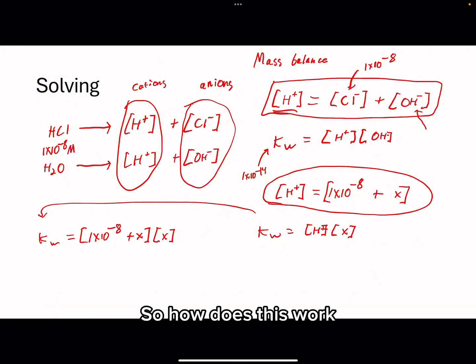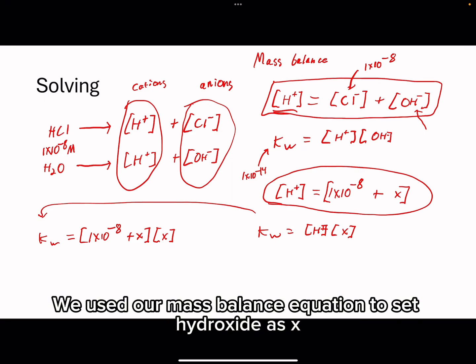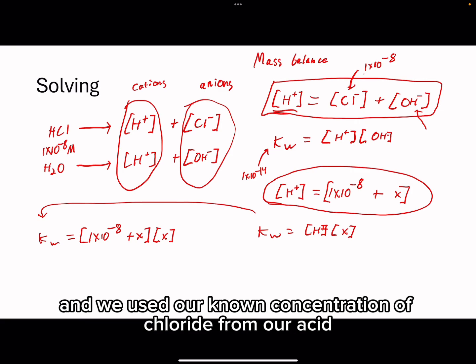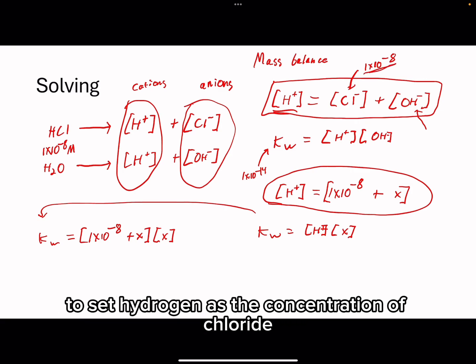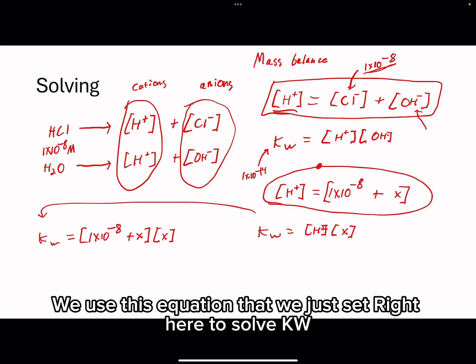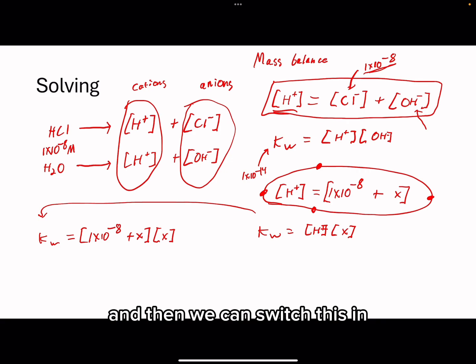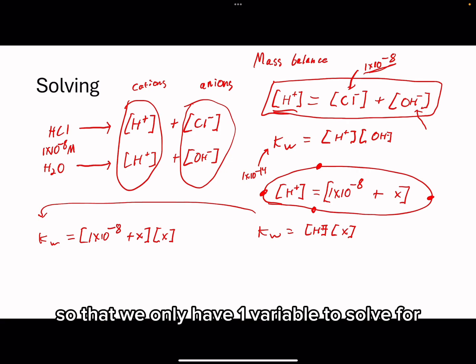So how does this work? Let's just quickly review it in case you're confused. We used our mass balance equation to set hydroxide as X, and we used our known concentration of chloride from our acid to set hydrogen as the concentration of chloride plus X. We use this equation that we just set right here to solve Kw, because we switched the hydroxide in Kw to X, and then we can switch this in so that we only have one variable to solve for instead of two.